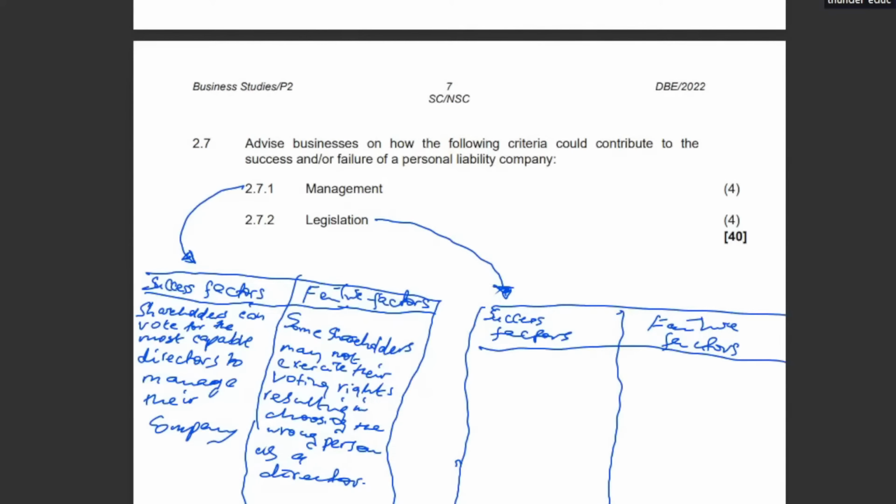Okay, right. So now, under success factors, procedures to form a personal liability company have been simplified by the new Companies Act 71 of 2008.